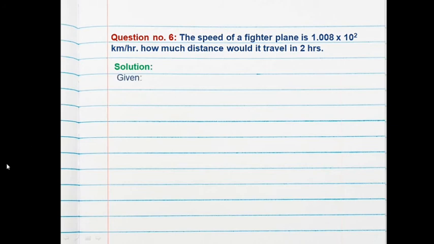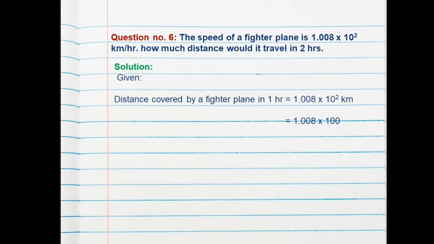What is given? Distance covered by a fighter plane in 1 hour equals 1.008 into 10 raised to the power 2 kilometer. As the number is given in exponential form, we can write it in standard form also, that is normal form, that is 1.008 into 100, because 10 raised to the power 2 means 10 into 10, and 10 into 10 is equal to 100.